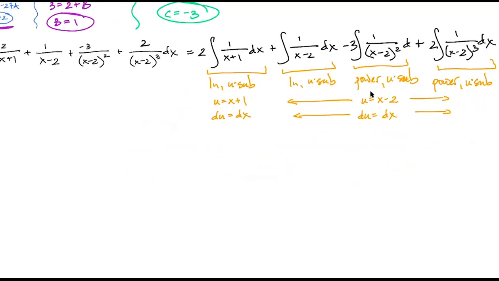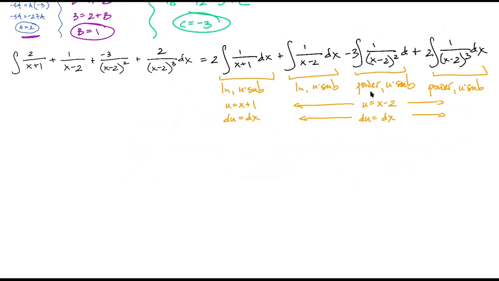So if we start to take our integral, we know that the first one will be 2 times the natural log of x plus 1. We know that the second one will be plus natural log of x minus 2. Okay. Minus, let's write out the u sub for the third one and the fourth one.